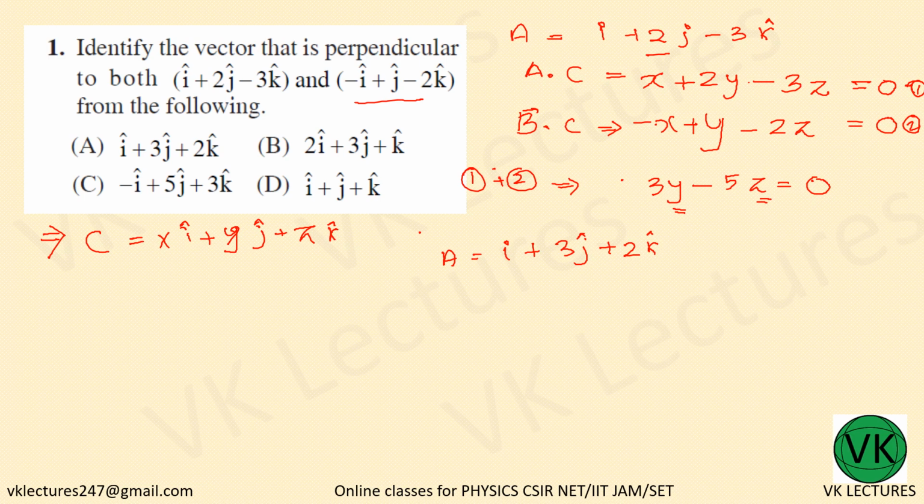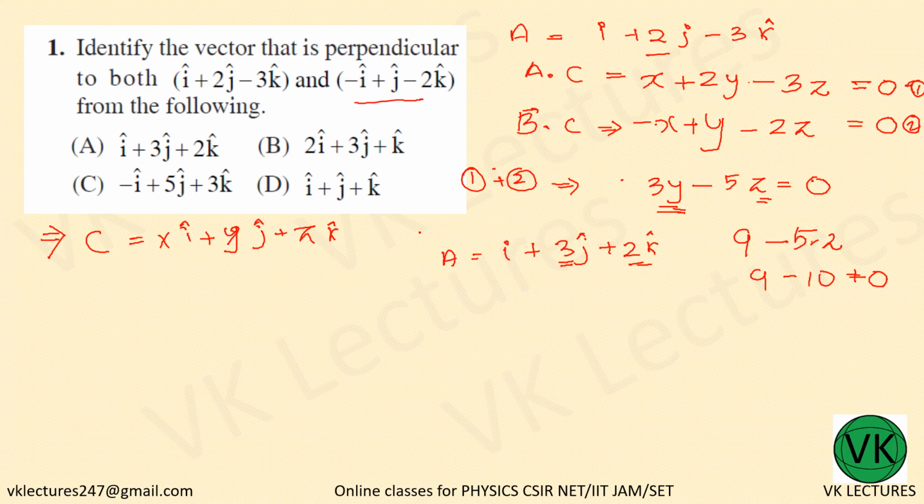Here this is 3 times y. What is y? Y is 3. 3 times y is nothing but 9, minus 5 times z, which is 2. 5 times z is 10. So 9 minus 10 is not equal to 0.